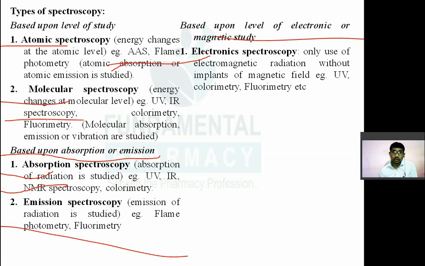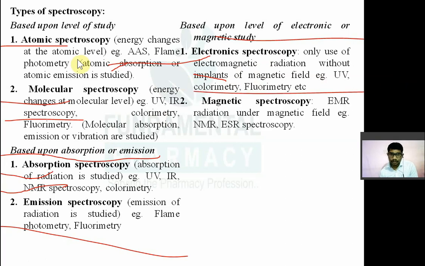In electronic spectroscopy, you only use electromagnetic radiation without its magnetic part. Examples are UV, colorimetry, fluorimetry. Then magnetic spectroscopy uses electromagnetic radiation with its magnetic part. Examples are nuclear magnetic resonance and electron spin resonance.